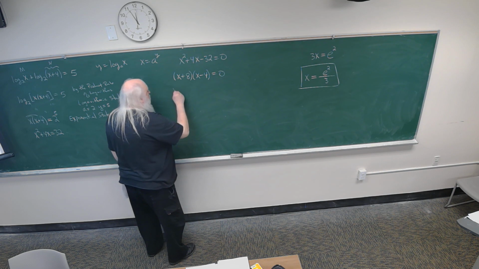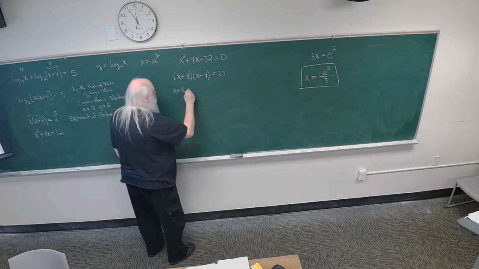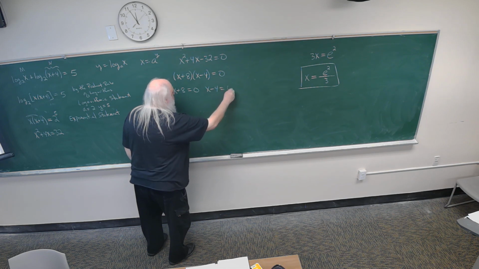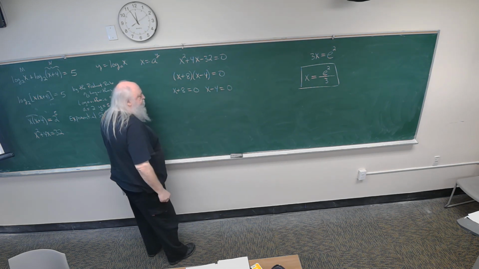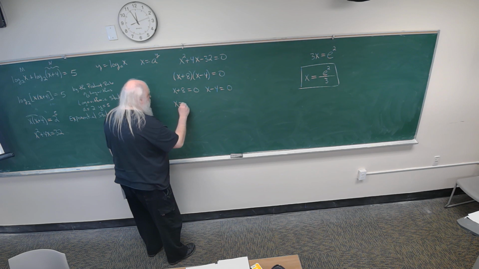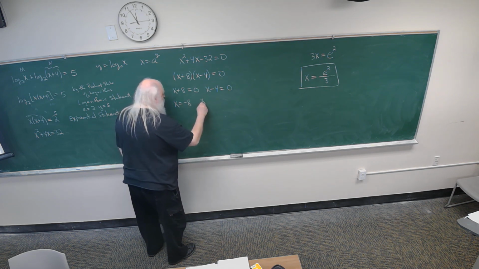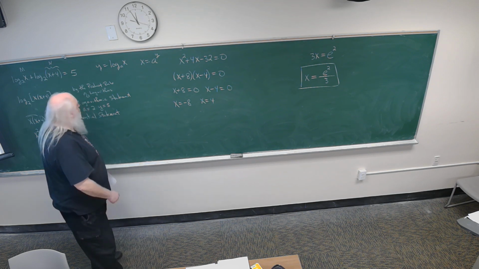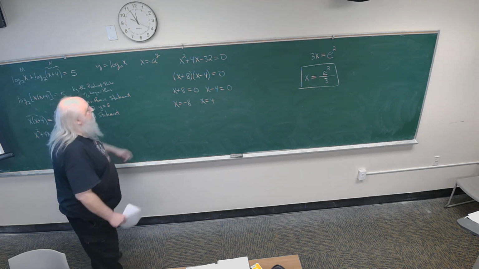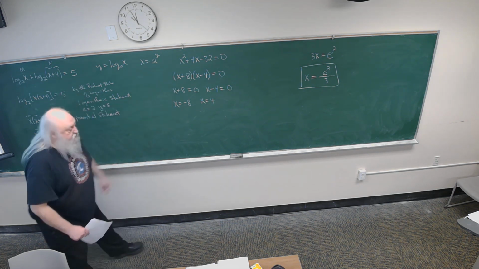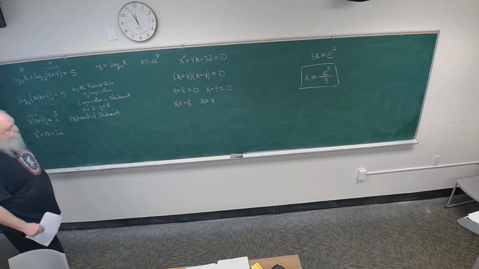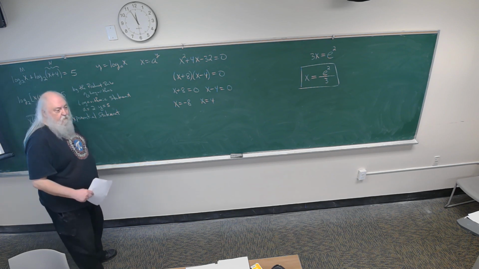by the zero product property. x plus 8 has to equal 0, or x minus 4 has to equal 0. So x equals minus 8 and x equals 4 are the two solutions to our quadratic equation. Okay. Here's the problem.